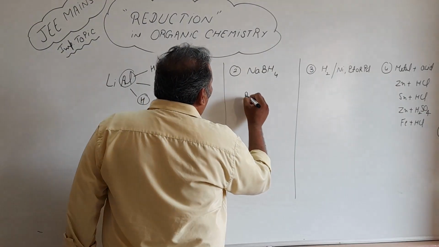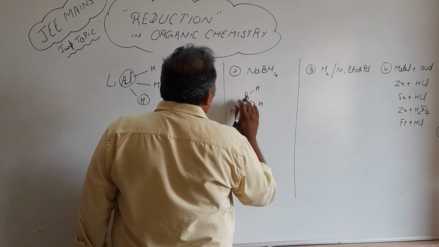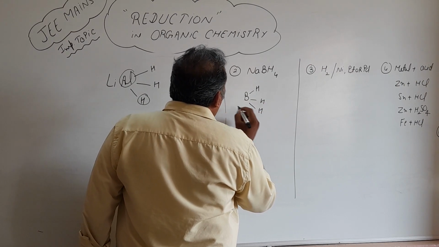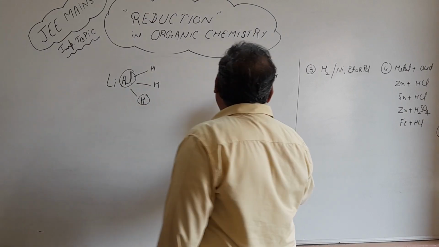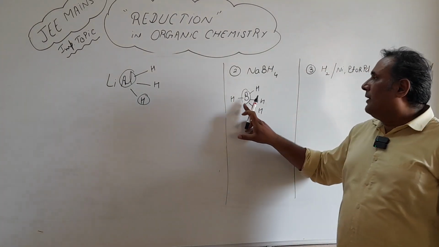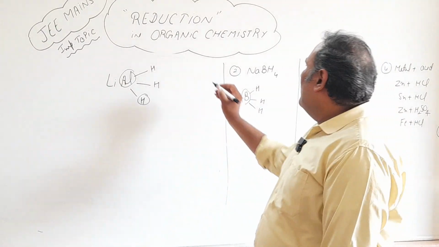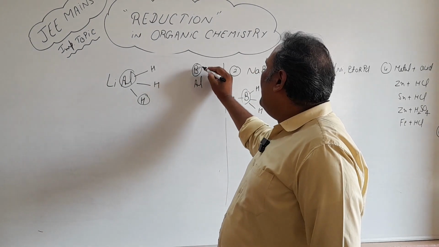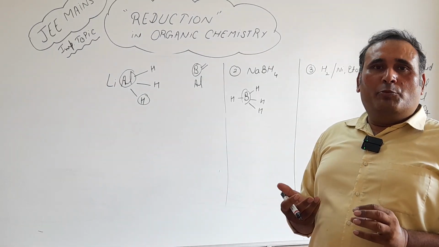But when we are talking about sodium borohydride or NaBH4, these hydride ions or H are attached to boron atom. And the size of boron and aluminium, if we compare, the size of boron is very small compared to aluminium.